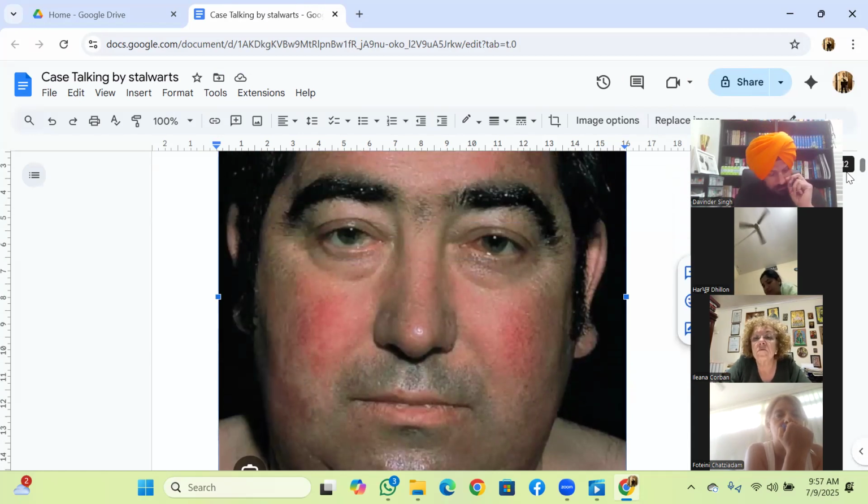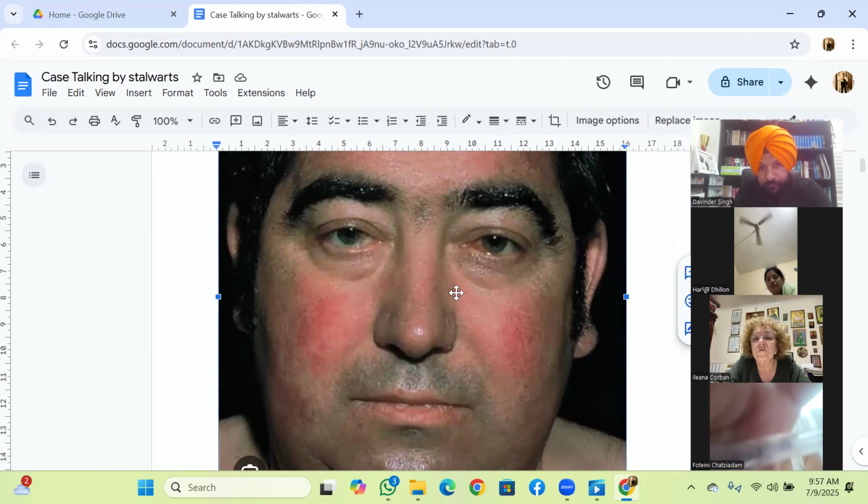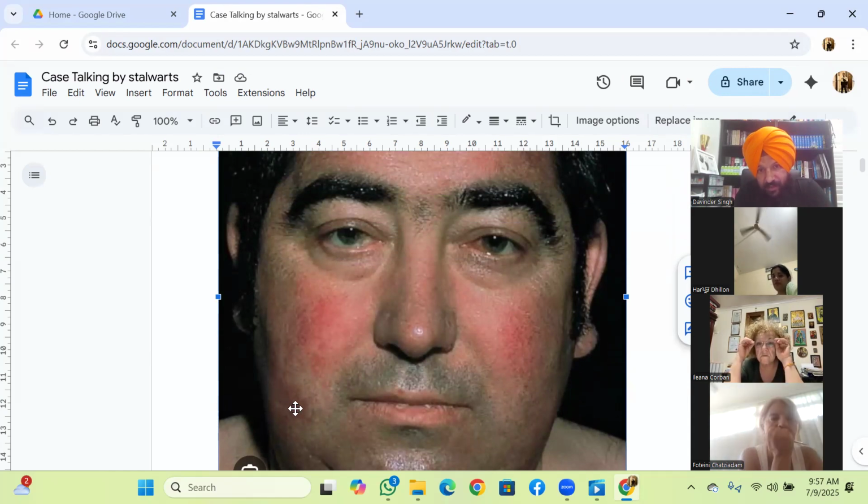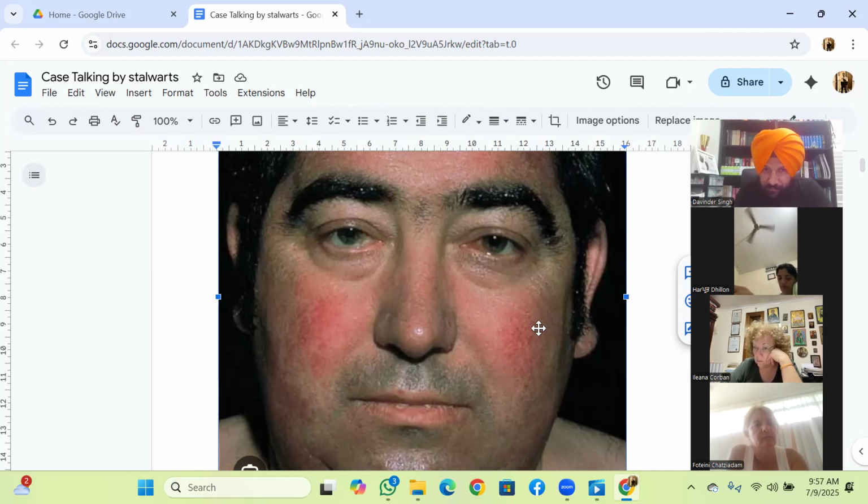So look at this. This is plethoric. You can see redness here, redness here, redness here. In normal condition, the face is almost always red.